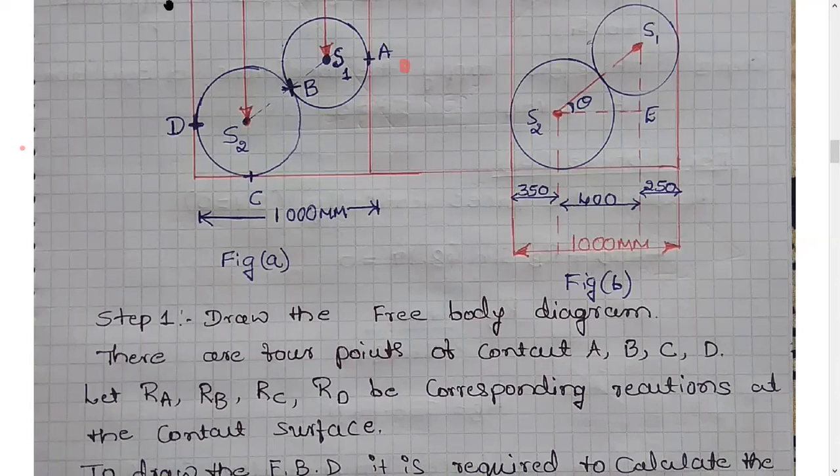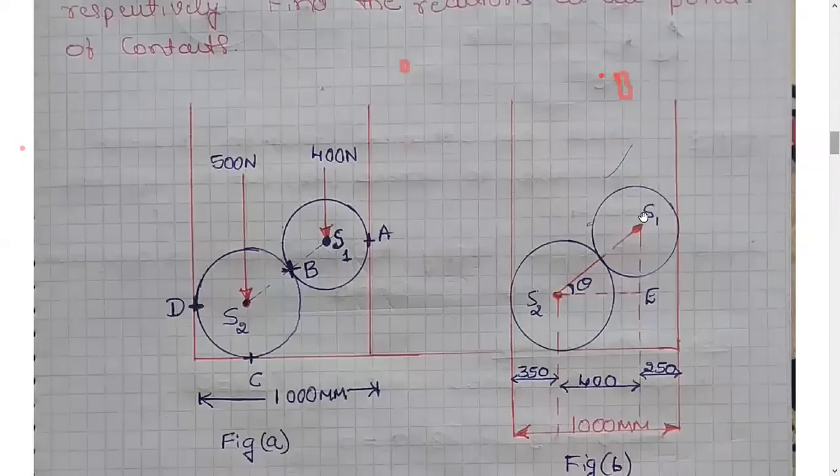To determine the direction of the force at this particular point B, let me consider this particular geometry. Here you see what we have done. We have written the same problem here with all the geometrical notation. We know that there are two spheres. The first sphere has a radius of 250 mm and the second one has a radius of 350 mm, and the total inner clearance is 1000 mm. Right? So this is the 1000 mm.